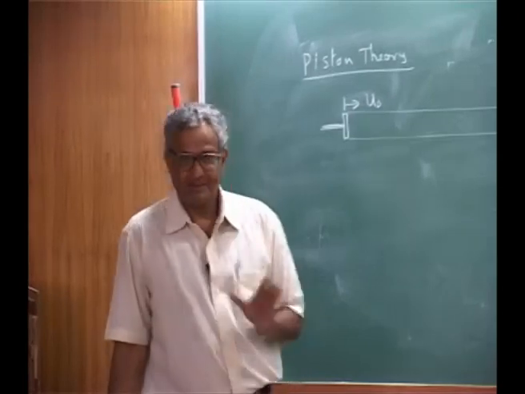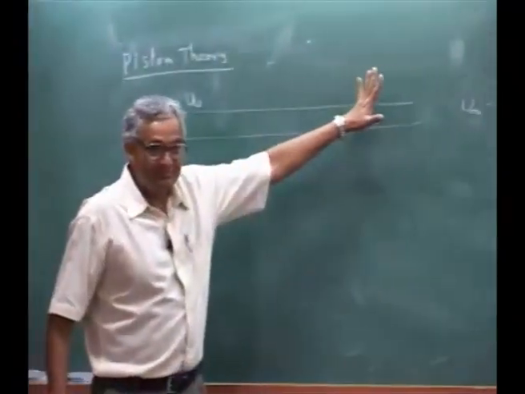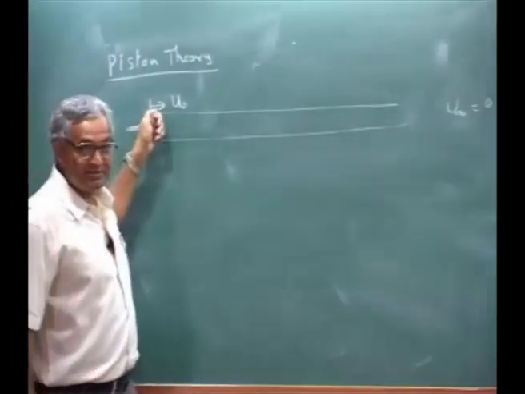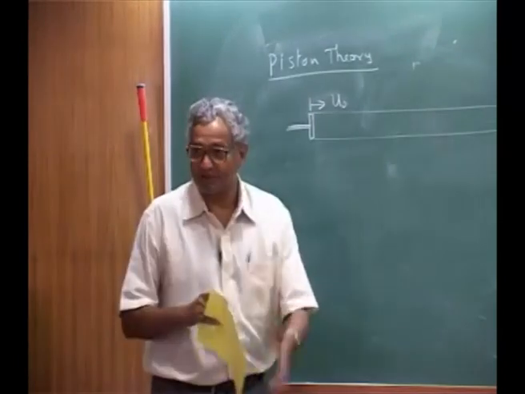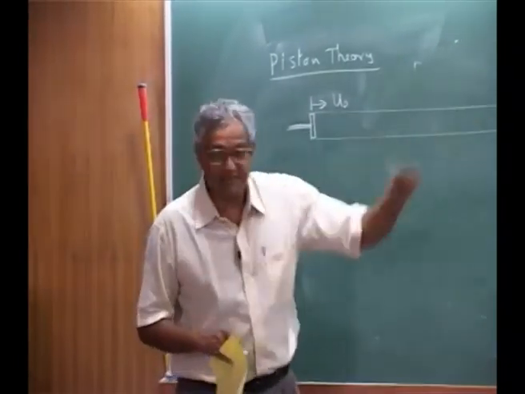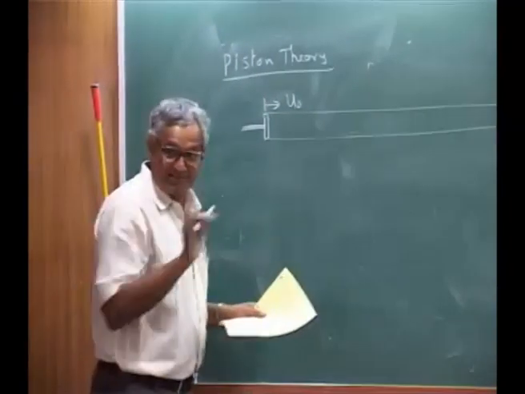So you see, this is a long tube. I move the piston with the velocity. What is the pressure that acts on this piston? That is our problem. Once I have the pressure, then that is exactly equal to that. This is a one-dimensional disturbance problem.